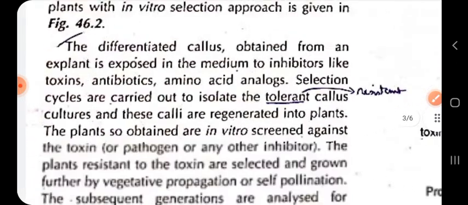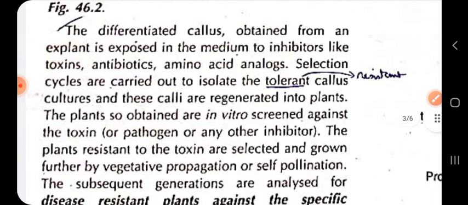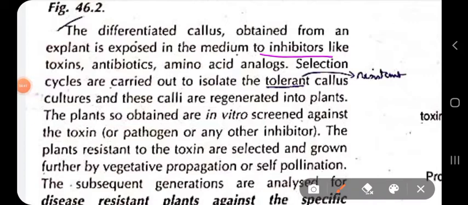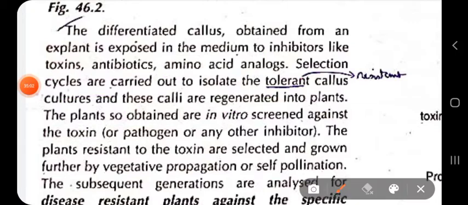As given here, the differentiated callus obtained from the explant is exposed in the medium to inhibitors. So certain inhibitory substances are given to the medium, like toxins, antibiotics or amino acid analogs. Then selection cycles are carried out to isolate the resistant callus, that means the callus growing in that medium, and those calli are then regenerated into plants which are further screened against that toxin or pathogen or other inhibitor.